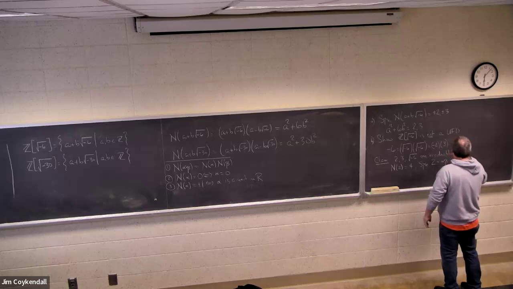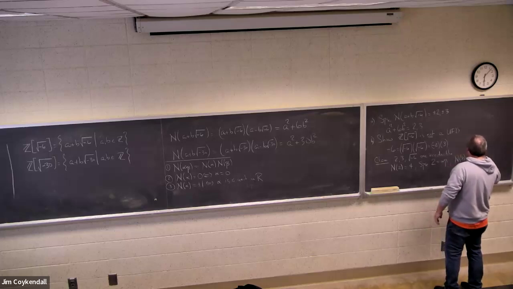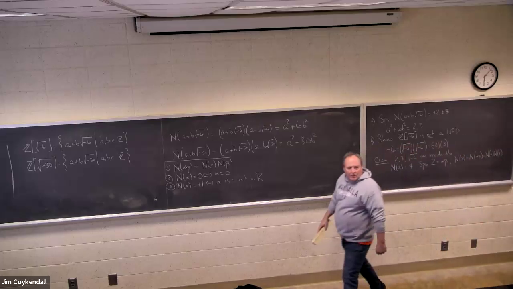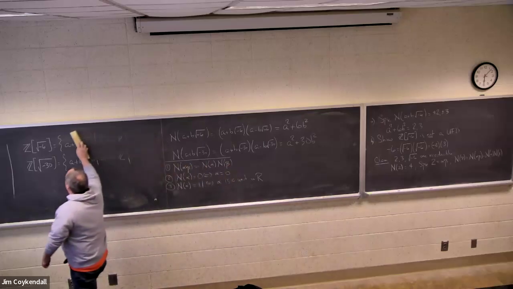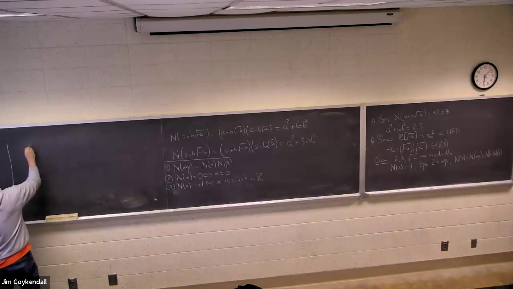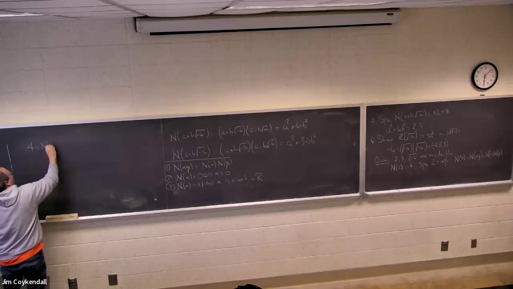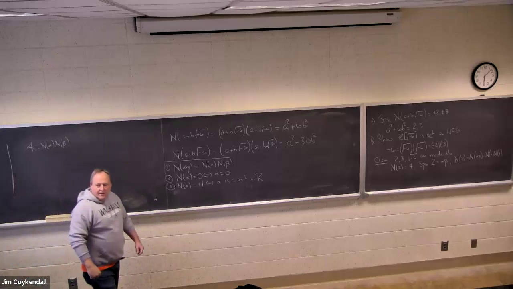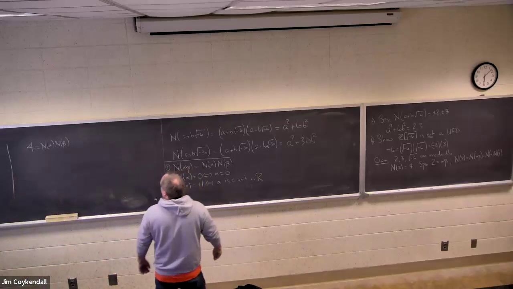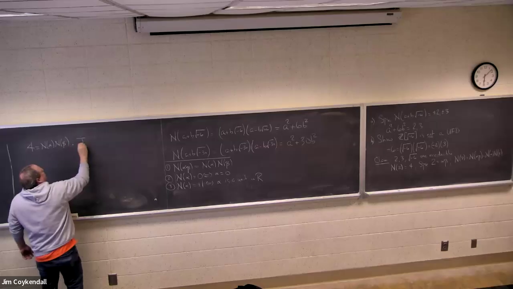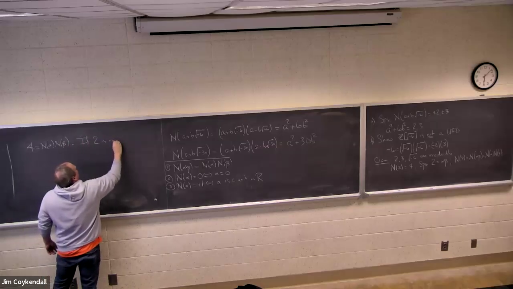This means that the norm of 2 is the norm of alpha beta, which is the norm of alpha times the norm of beta, using my property. So 4 here is reducible.